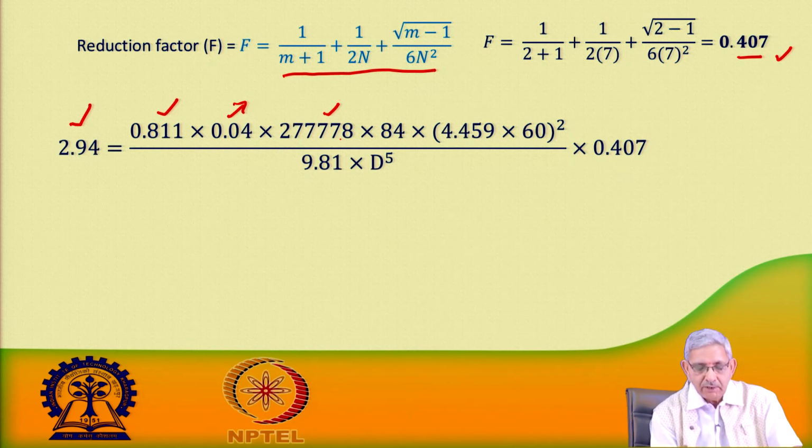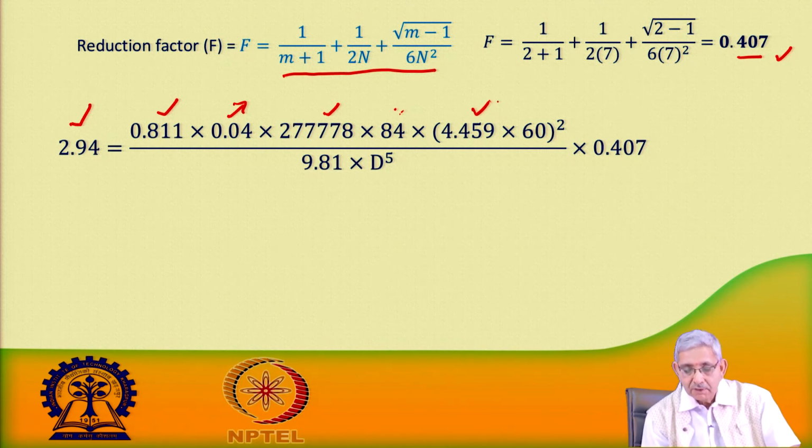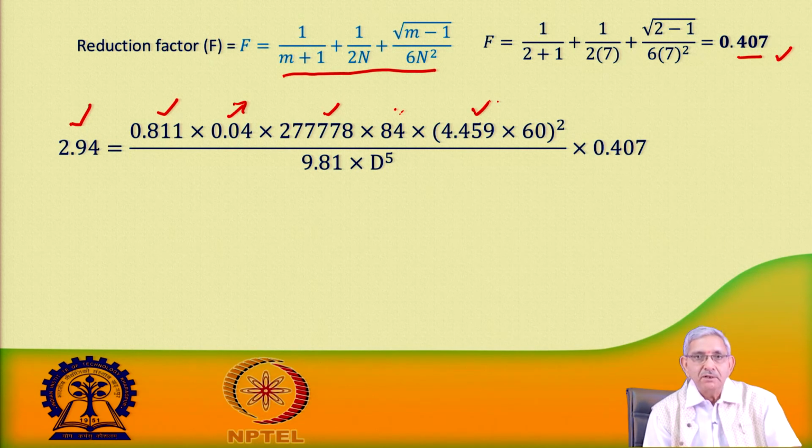So, this is 2.7 times 4.78 multiplied by the length of the pipeline, 84 meter, and Q is in liter per minute, with m equal to 2.